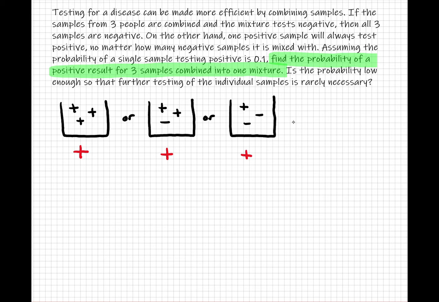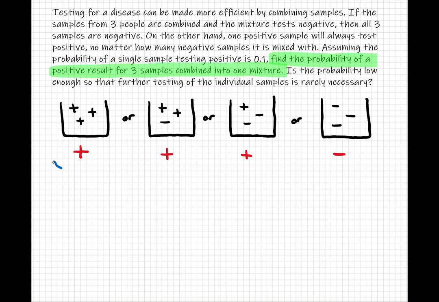And the other possible scenario is that there's no positive samples in the mixture, so 3 negatives. And if all of the individual samples are negative, then the overall result for the mixture will be negative. So find the probability of a positive result.